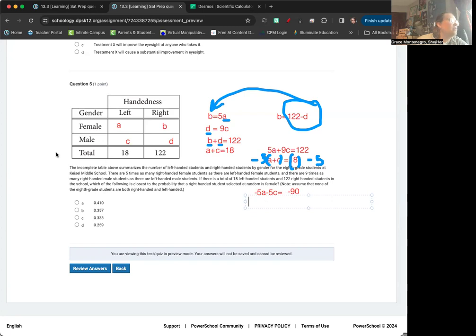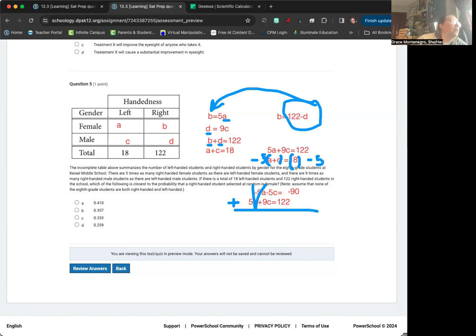Now we add that with our original 5a plus 9c equals 122. We're just going to add these up like it's a giant addition problem. We're allowed to do this because we're doing the same thing to both sides. It might look different, but we know the truth that these are equal numbers. Once we know what A and C are, they will add up to 122. So we are now adding the same thing to both sides in a way that will cancel out 5a. Minus 5a plus 5a balances out.